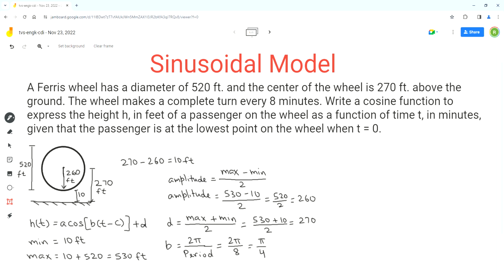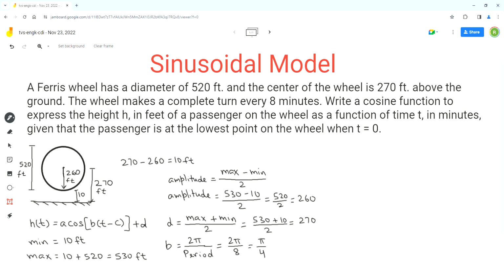Now we have to find the c value. Now c value represents phase shift. Now as per the problem, the passenger is at the lowest point on the wheel when t equals 0. So that means the passenger starts the ride at its lowest point. So for a cosine function, if the graph starts at the lowest point, we can use the a value as the negative of the amplitude and the c will be 0.